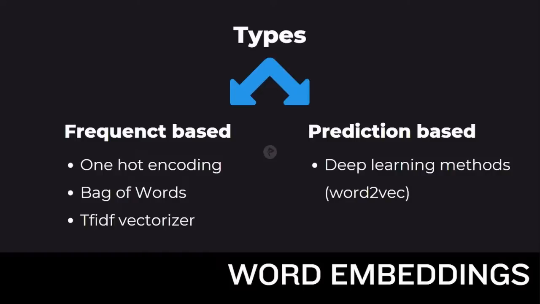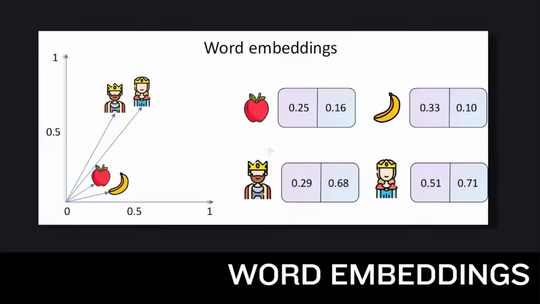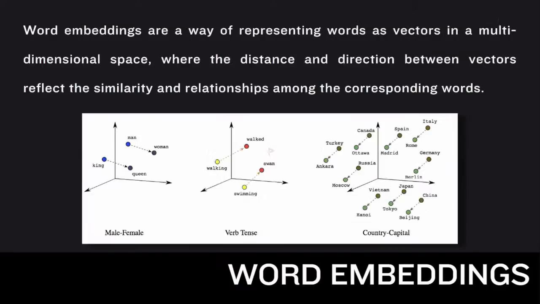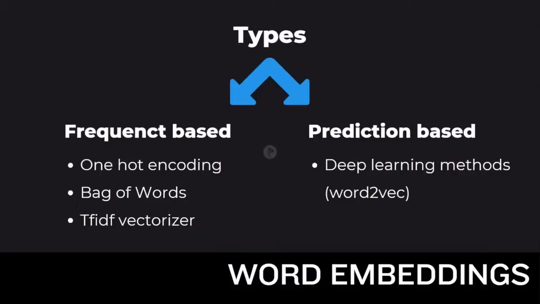These are based on occurrence frequency. Whereas prediction based methods, like deep learning methods such as word2vec, help us convert words into vectors in a more meaningful way, so that if you represent the values in a multi-dimensional space, the distance and direction between vectors reflect the similarity and relationship among the corresponding words.